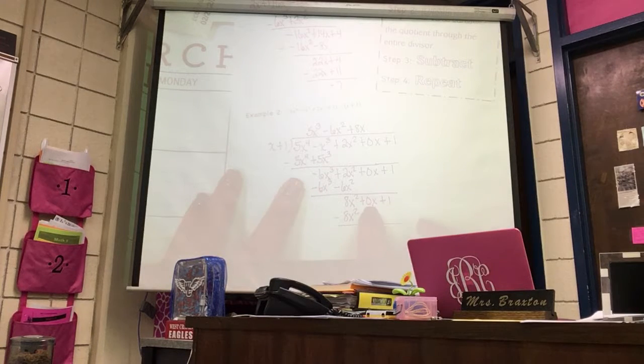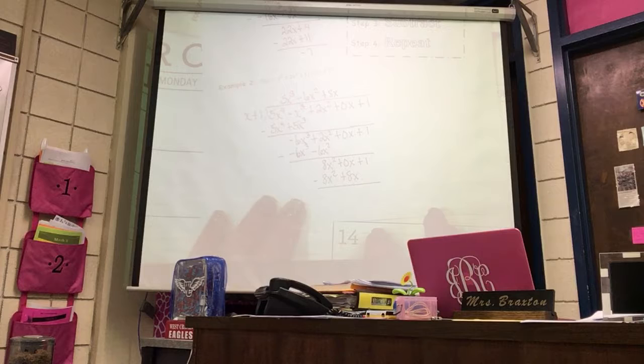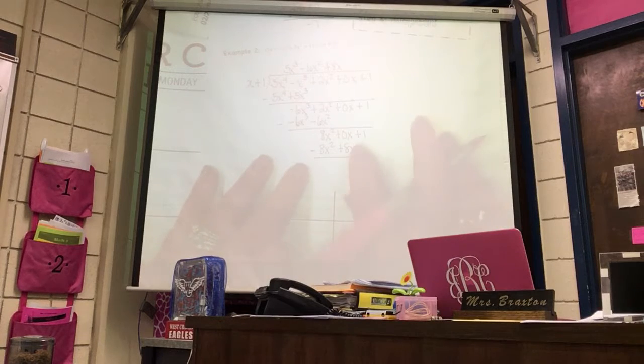And because I have that 0 there, it's lined up, and it just makes it easier to make sure of what I'm subtracting, because you can only subtract like terms. So 8x squared subtract 8x squared is 0. 0 subtract 8x is negative 8x plus 1.